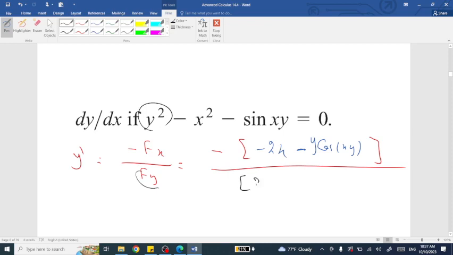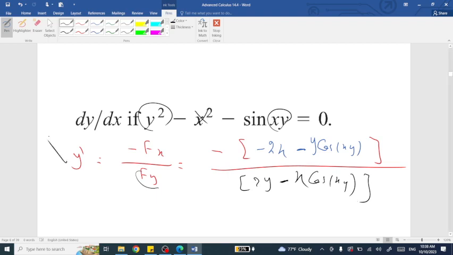That one will be 2y. That one will be 0 minus derivative of sine, cosine xy. Derivative of the angle by y, only x. This is the result. You can do it as in high school, bring a derivative, make the right side to be y prime, or directly by that one.